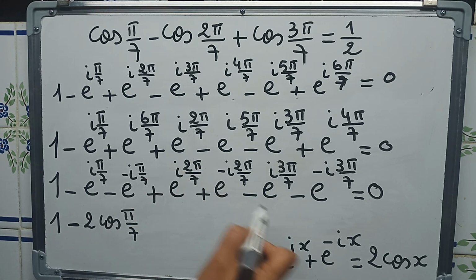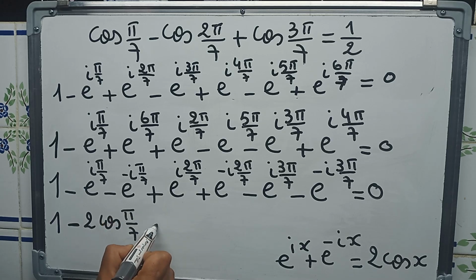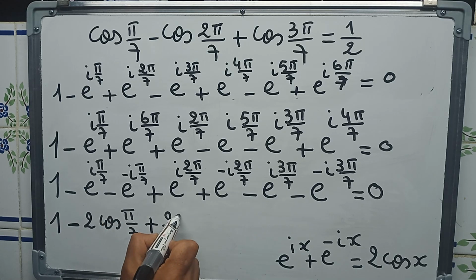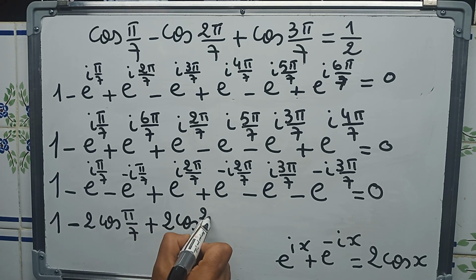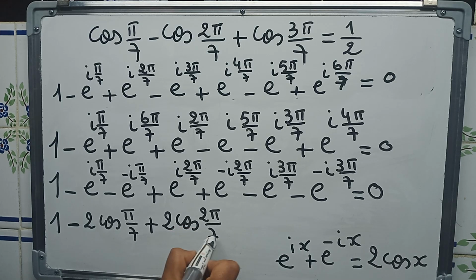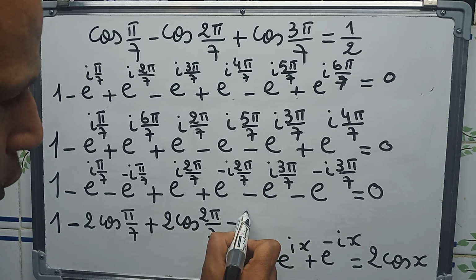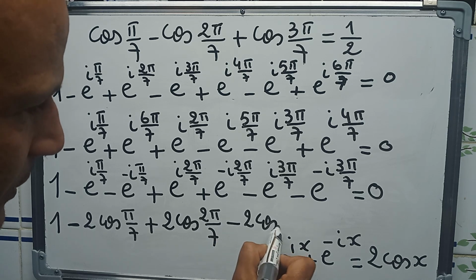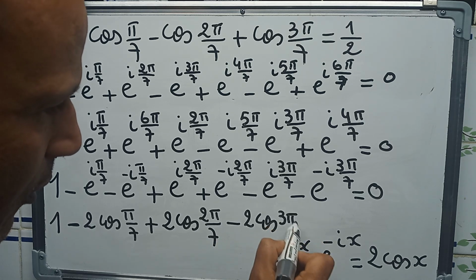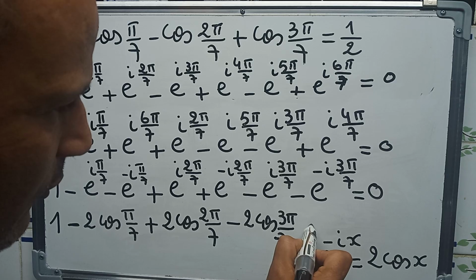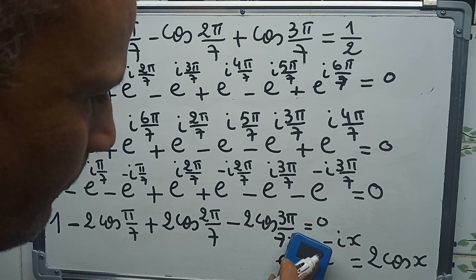And the same formula here, it's plus 2 cosine 2 pi over 7. And finally here, minus, the same as the first one, 2 cosine 3 pi over 7. Of course, it's equal to 0.